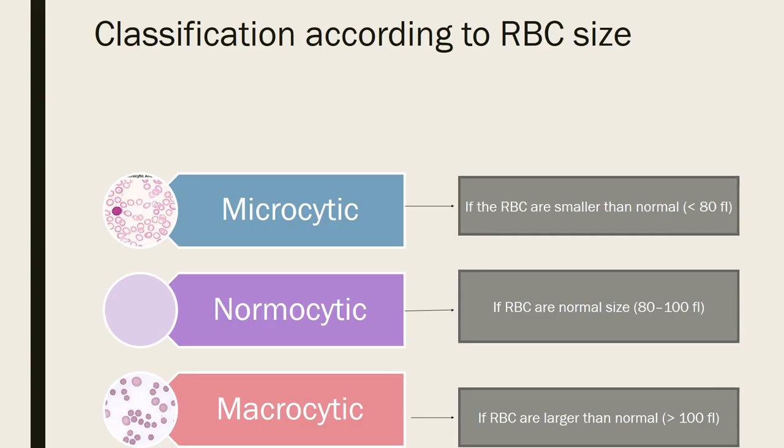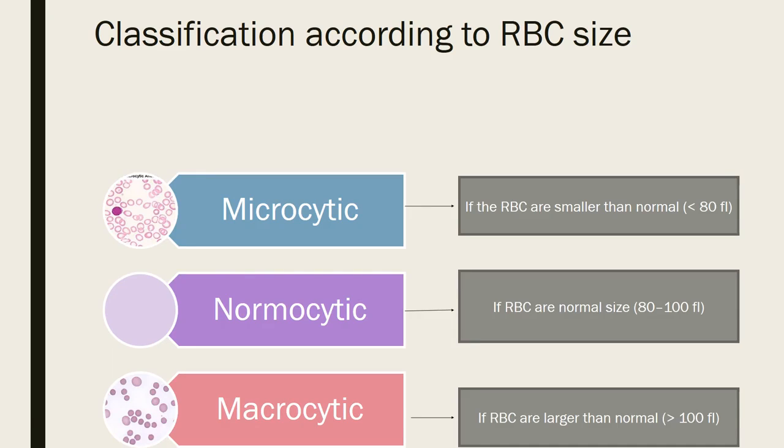Another classification is according to the RBC size. Anemia is morphologically categorized on the basis of RBC size, mean corpuscular volume, and its microscopic appearance, into three categories: microcytic, normocytic, and macrocytic. If the size of RBC is less than 80 femtoliter, then we label it microcytic anemia.